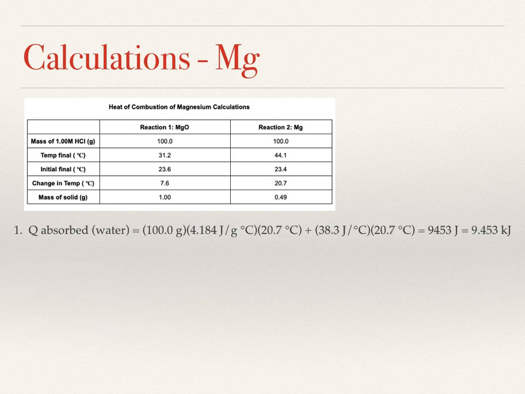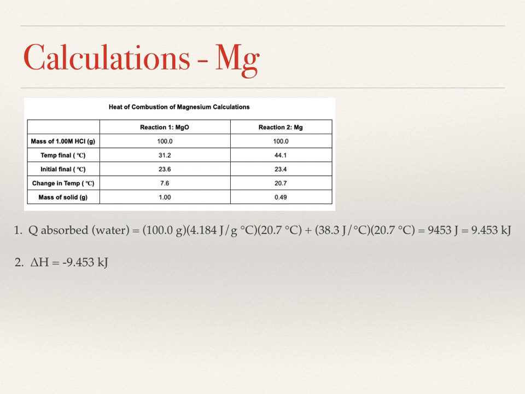We're going to follow the same process for magnesium. Q equals MC delta T, and we have our temperature change of 20.7 in this one. And using our calorimeter constant, we end up coming out with about 9.453 kilojoules of energy absorbed by the water. And again, we know that the enthalpy of the reaction there is just the negative of that because heat was being released.